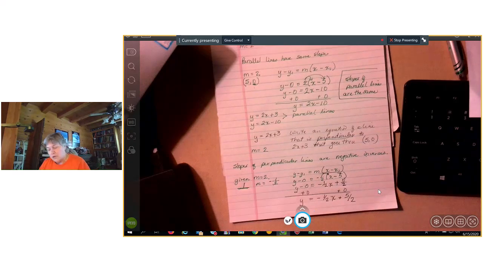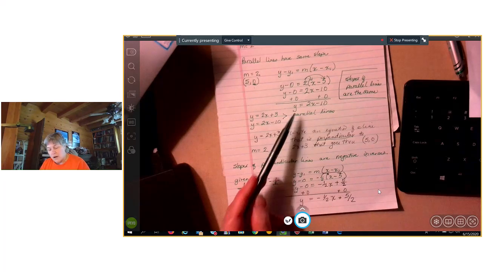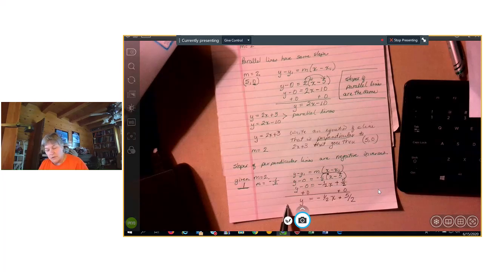So now I have an equation that is parallel, and now I have an equation that is perpendicular. The one thing to remember is if this had not been a 0, then you're actually going to have to do some math right here and make this into a fraction, and then you're going to have to add or subtract here.